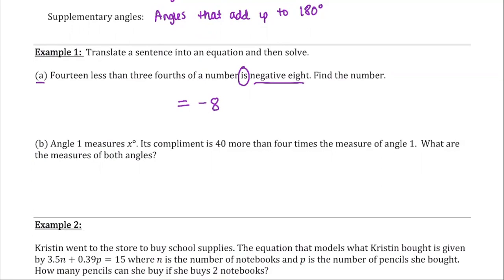Now the other side, the left side of this, let's reread this again. It says we're going to do 14 less than. And remember, because there's no "is," this "less than" just means subtraction. It means I'm going to subtract 14 from whatever comes next. "Less than," remember, that phrase always means switch the order.